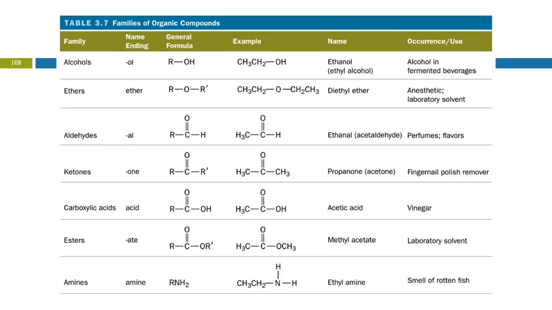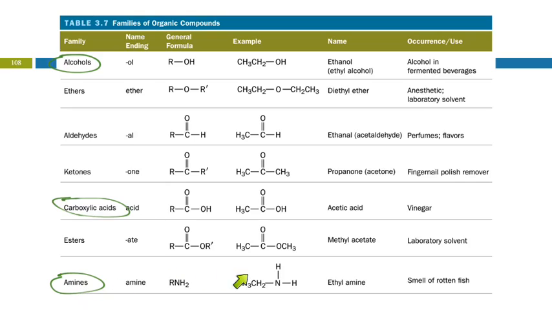So I want you to know alcohols and carboxylic acids and amines. So if I asked you a question on an exam, if I showed you a compound like this and asked you what was the functional group or what was the family that this belonged to, it's an amine.